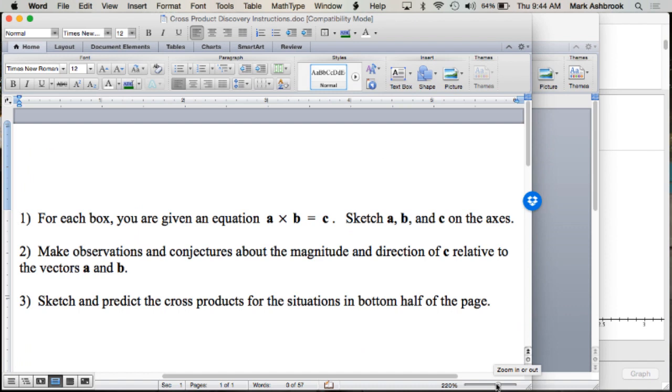You're going to sketch all 3 vectors and make sure you're noting which one is the result, the C. Which ones are the 2 starting vectors, which one's the result, okay? And then you're going to make observations and conjectures about the magnitude and direction of C relative to vectors A and B. Okay? So let's just do that much first, not go on. So do the first 7.